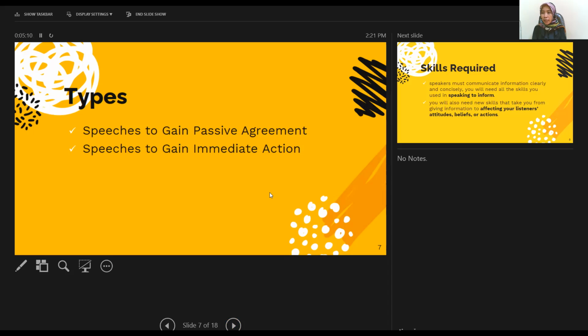It talks about opinion, it talks about agreement, seperti itu. Nah, tapi kalau speeches to gain immediate action, after hearing your speech, mereka akan change the behavior, make an action, for example.